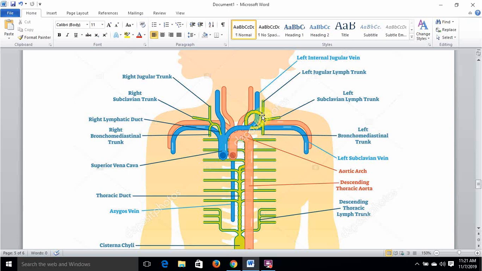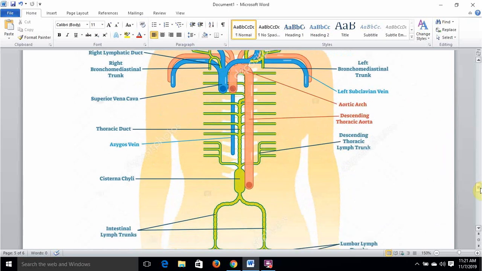We have the left jugular trunk, which is efferents from the neck region combined, the left subclavian trunk, which is the efferents from the axillary region combined, and the left bronchomediastinal trunk, which is the efferents from the left thorax combined. Because it's thoracic duct, it basically drains all of the right and left lower halves below the diaphragm and the left part of thorax, or the left thorax above the diaphragm. Hoping this is helpful.